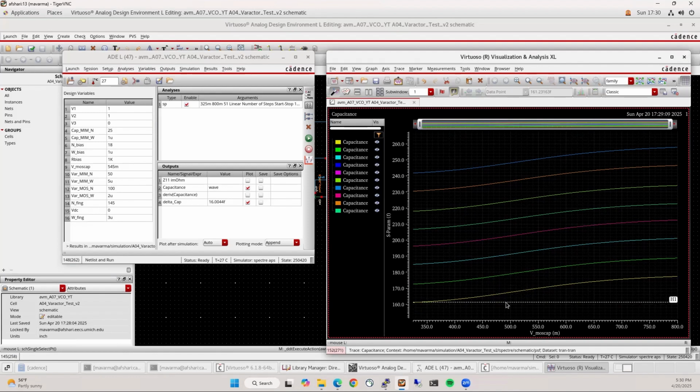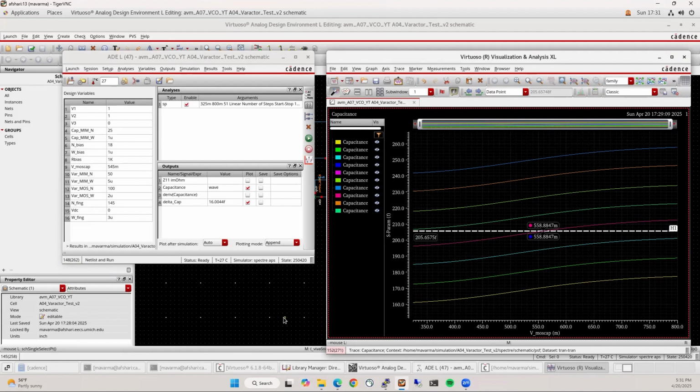One thing to keep in mind right now is that the value of this capacitance, let's say the middle value, is around 200 femto, right? So that's the series capacitance, which means each capacitor is already around 410 femto on each side.